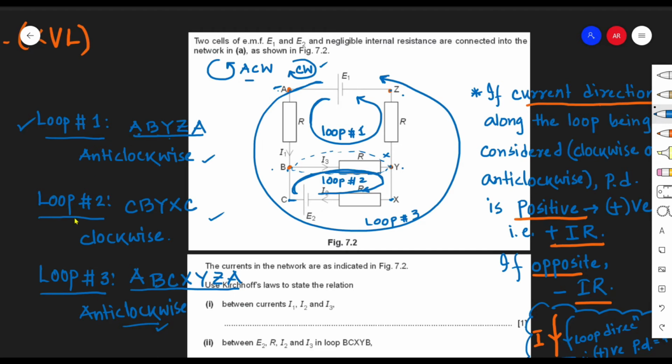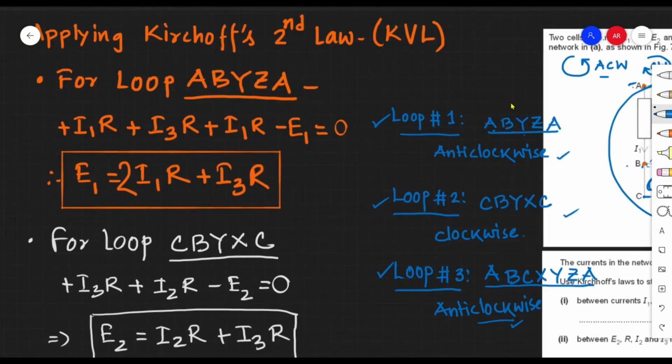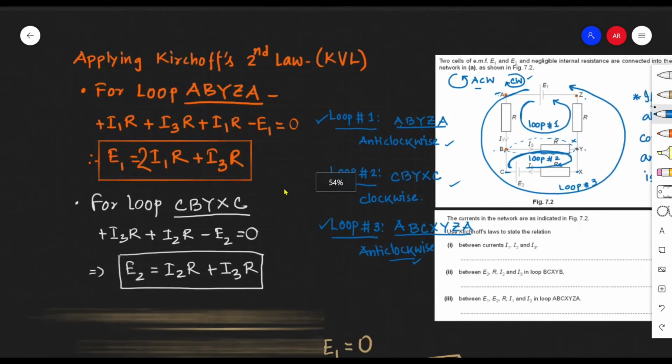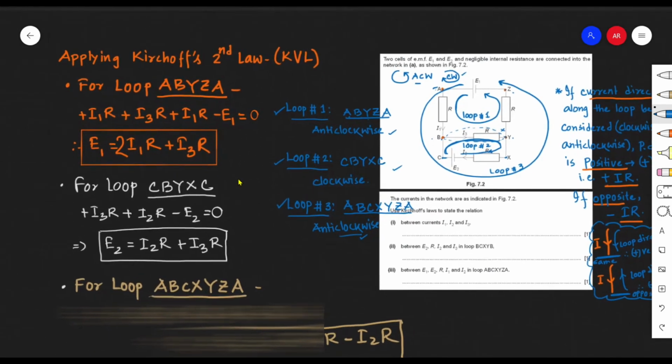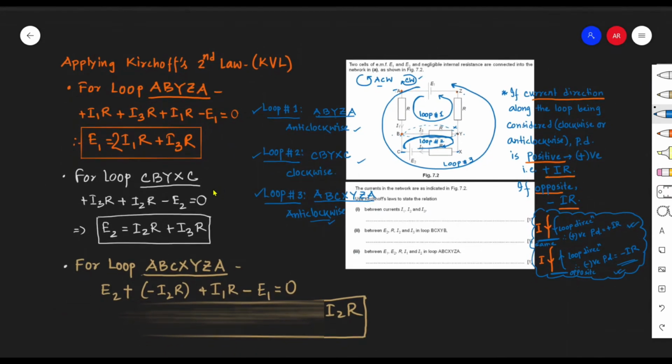So if we go for the first loop, ABYZA, we have seen the current I1 flowing through this resistor R. Here we have analyzed the circuit, and I already have written the expression right here so that I can concentrate on making you understand how I chose the loop and how I put down the expression.